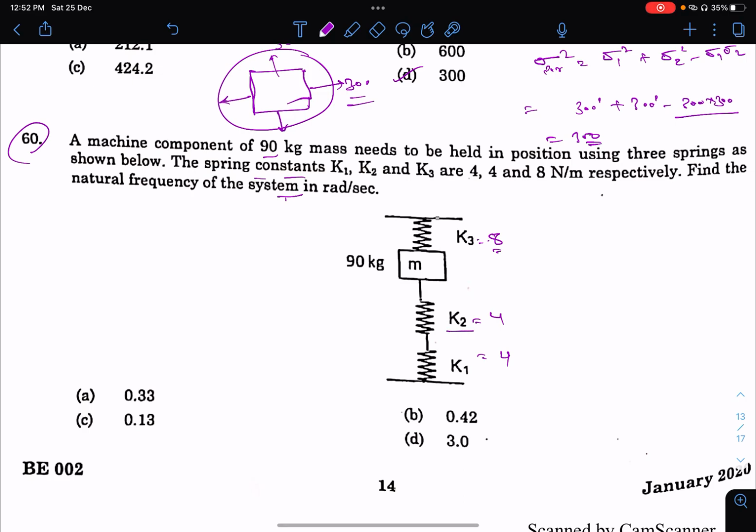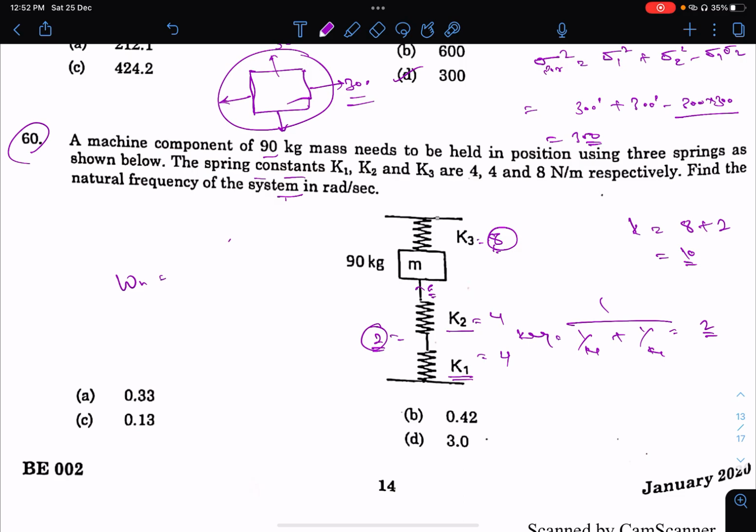So when the springs act in series, the net equivalent of these two springs will be 1 upon K1 plus 1 upon K2. That will come out to be 2. So 2 and K3 total, K3 plus K equivalent, will be in parallel. So net will be 8 plus 2 is equal to 10.